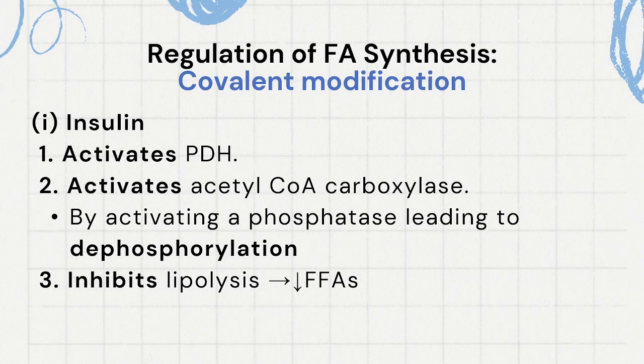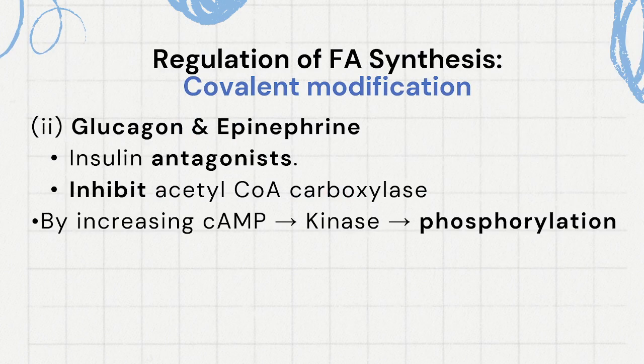Regarding the covalent modification, insulin via the action of a phosphatase leads to activation of acetyl-CoA carboxylase, and at the same time, insulin inhibits lipolysis, so it will decrease the concentration of free fatty acids in serum, so this will de-inhibit acetyl-CoA carboxylase.